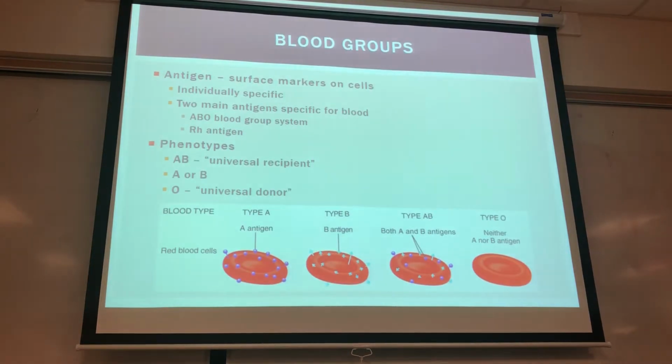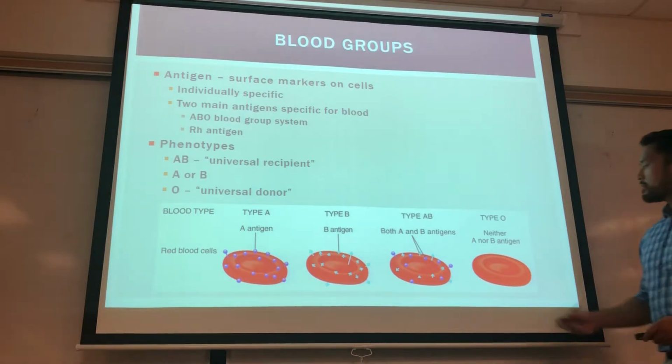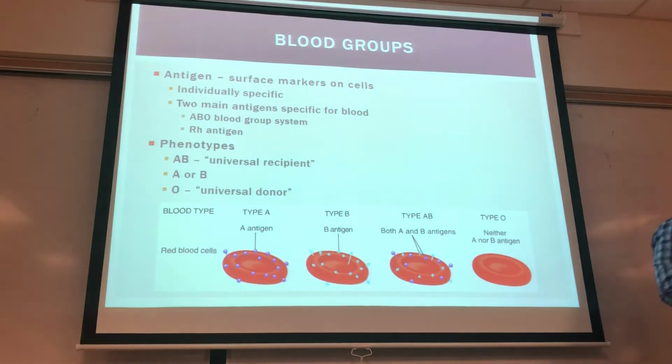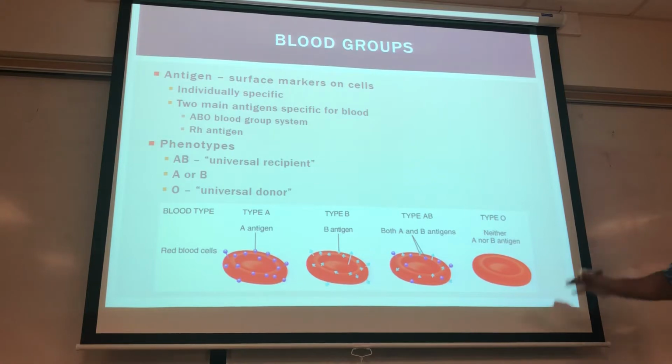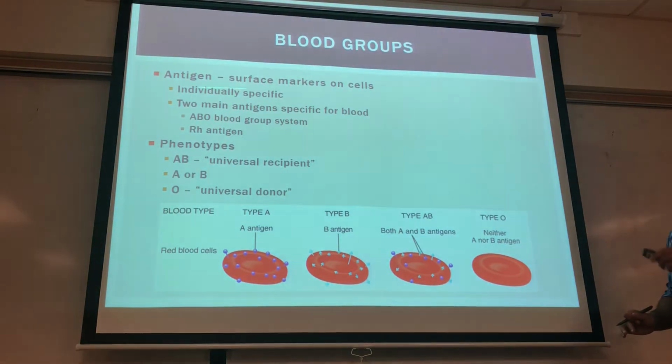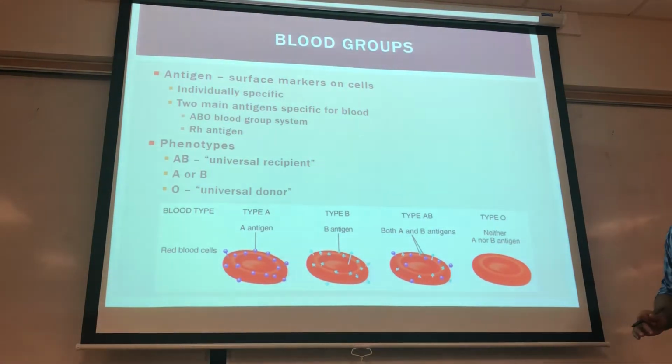The next thing is to take a look at the blood groups. So on top of the red blood cells, how our own body recognizes our own red blood cells is the presence of surface markers on the cells themselves, which we call antigens. So antigen, if you're ever to read any information regarding the surface markers, you see that cells have glycoproteins.